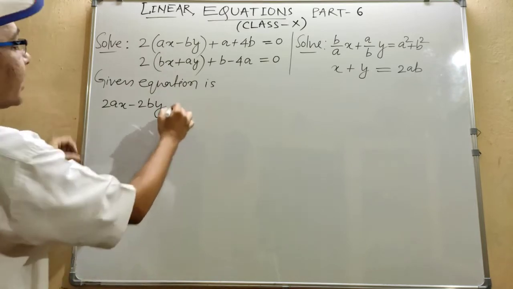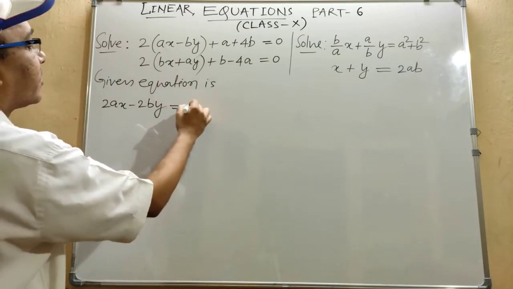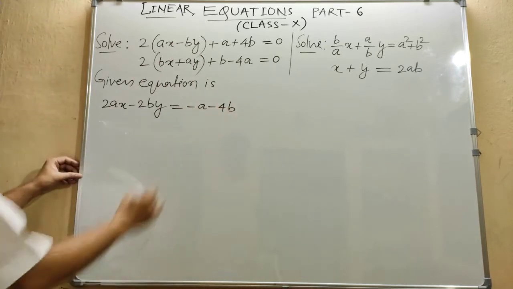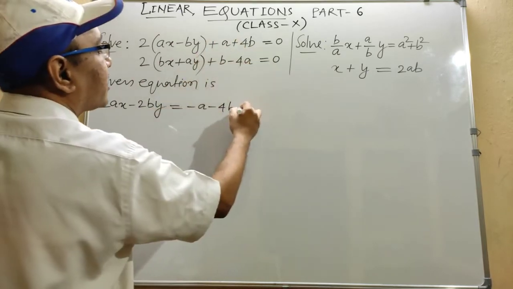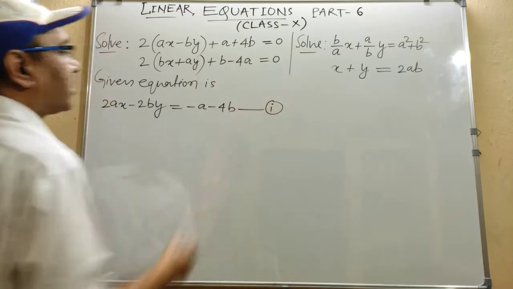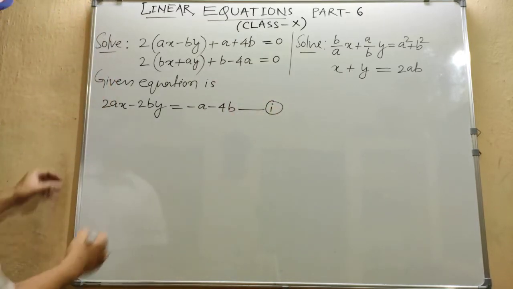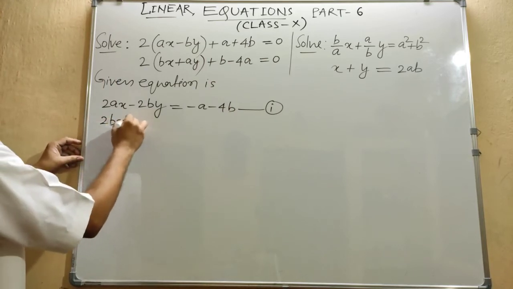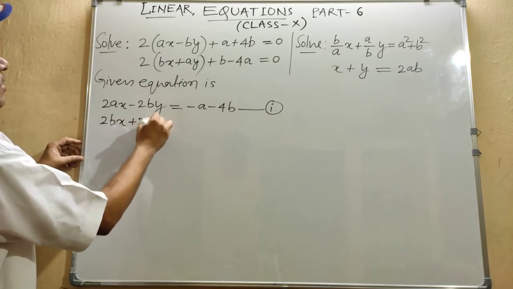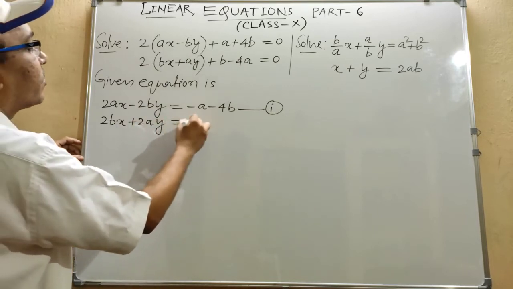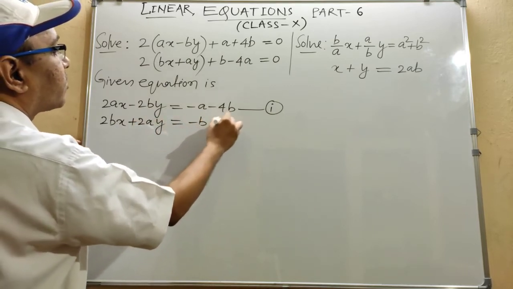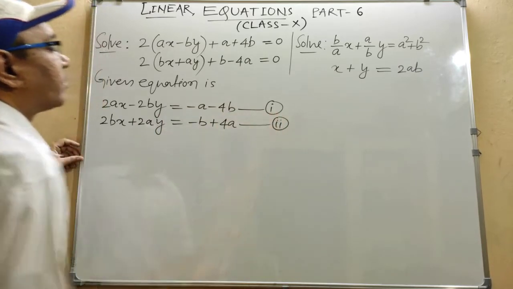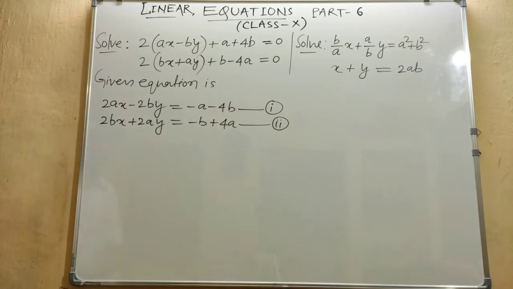Okay, and write the remaining terms on the other side, minus a minus 4b, and take it as equation number 1. This is your first equation. The second equation is 2bx plus 2ay equal to minus b plus 4a. Take it as equation number 2. Can you write in this way?